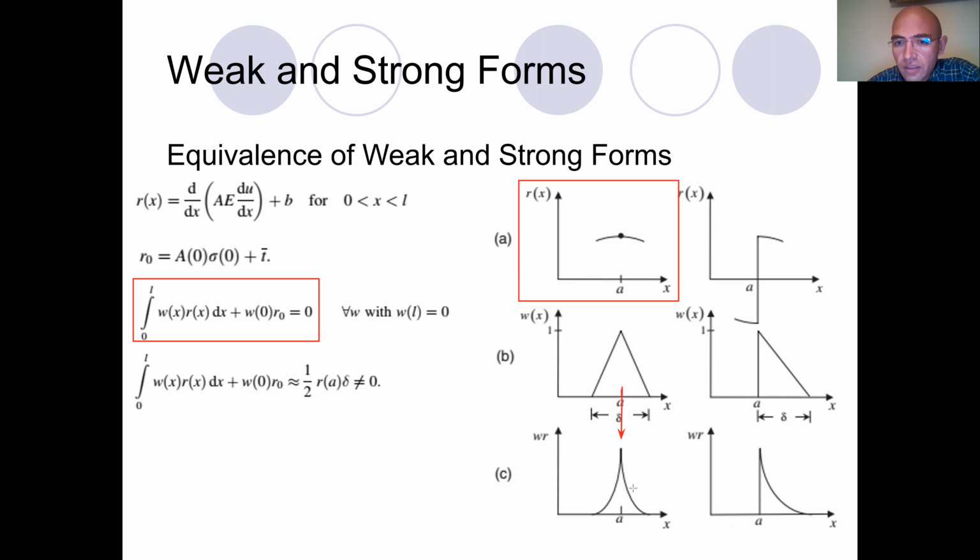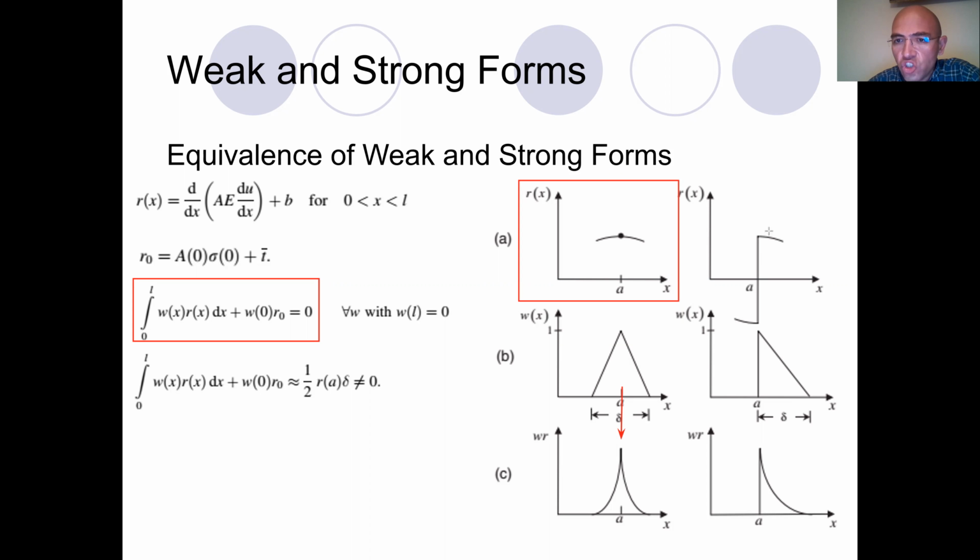Now, the only way that this is 0 is, since W is arbitrary, Rx has to be 0 for any point between 0 and L. It is the same when it is C minus 1. Here you have a discontinuous solution.